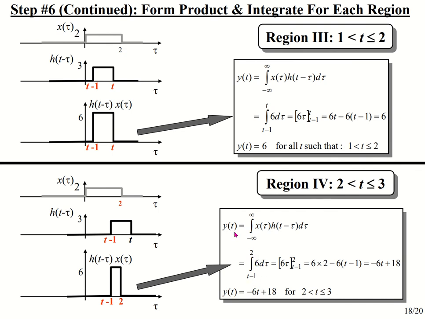So now what we are going to get is the function y(t) as minus 6t plus 18, and this will hold for the time duration 2 to 3. Now if you try to plot this for the duration 2 to 3, if you substitute the value of 2 in this expression, what you get is minus 12 plus 18, which is 6, and the upper limit 3 when substituted gives minus 6 into 3, which is minus 18 plus 18, which is 0.